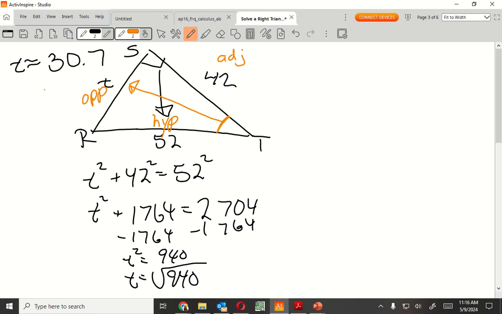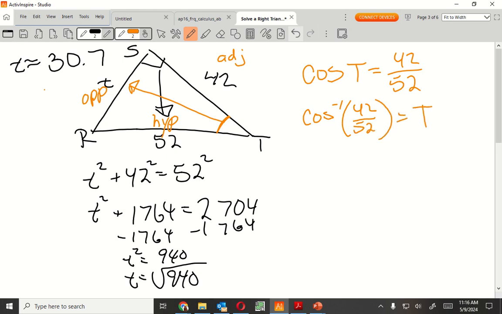Adjacent. What is adjacent and hypotenuse? Sine. Cosine. Cosine. Adjacent over hypotenuse is always cosine. It's almost like it's written in the notes there for you. Adjacent is 42, hypotenuse 52, and then our cosine of T is equal to 42 over 52.